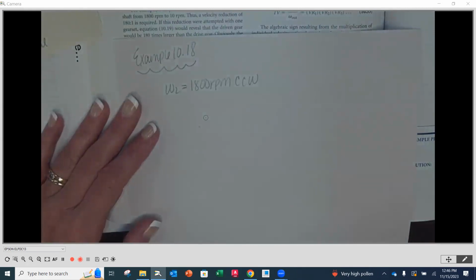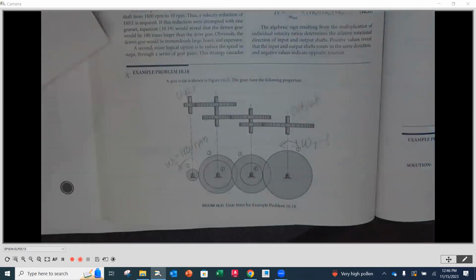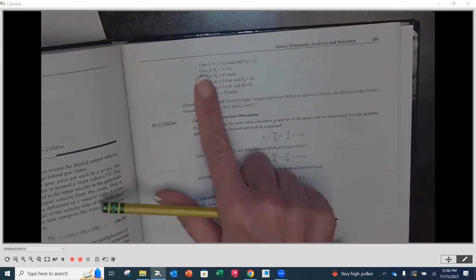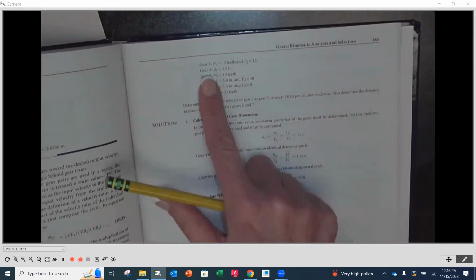And the other knowns that we have are actually listed at the top of the next page. They're giving us information about each one of the gears. So for 2 through 7, we're going to find out some information, whether it's number of teeth, diametral pitch, or pitch diameter.